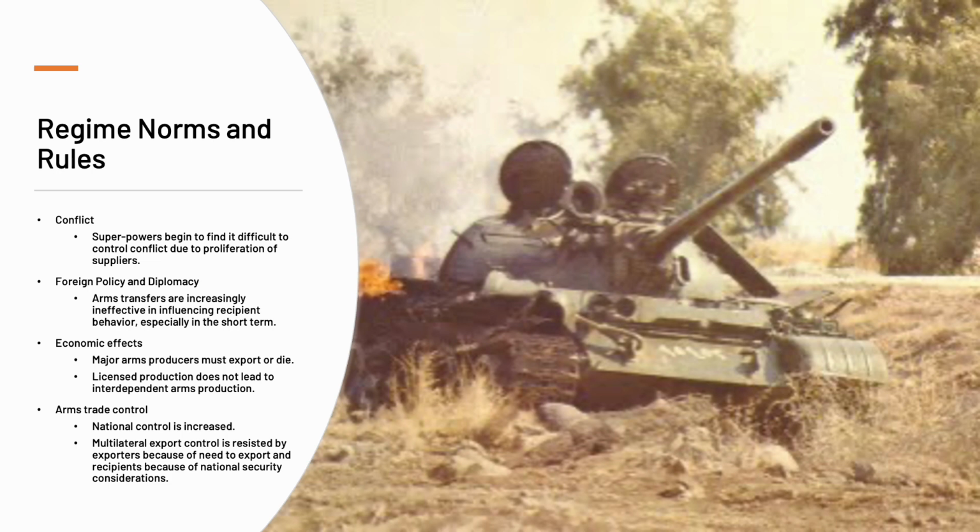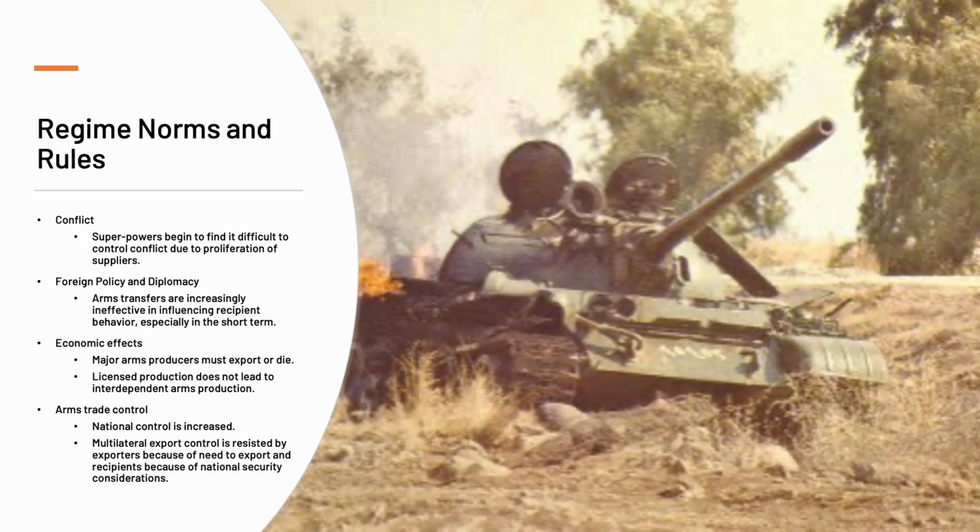Because there's more suppliers of arms, the leverage that any one state has decreases. Okay? So there's less ability for the superpowers to use arms to actually coerce behavior by states who are importing arms. So when we look at conflict, we're finding that the superpowers are finding it difficult to control conflict due to the proliferation of suppliers.